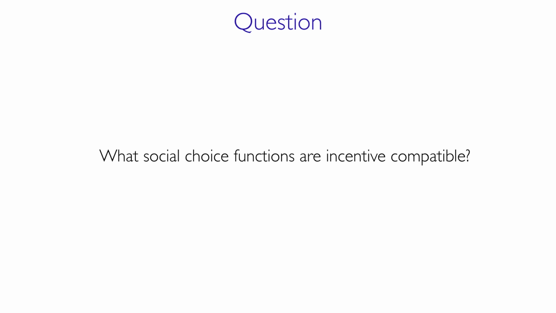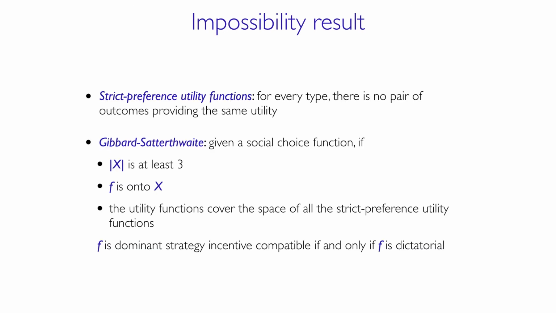Now, the central question in mechanism design is what are the social choice functions that are incentive compatible, that is, the social choice functions that we can implement in practice. The main result is negative, providing an impossibility result. More precisely, initially we need to introduce strict preference utility functions.